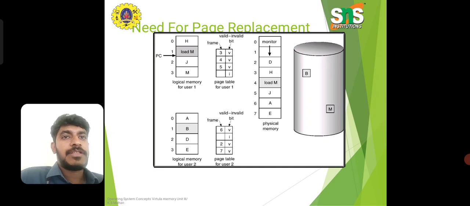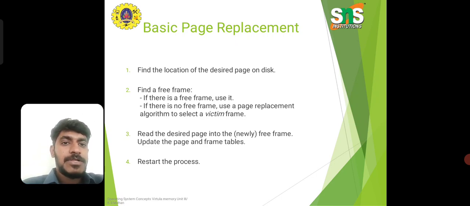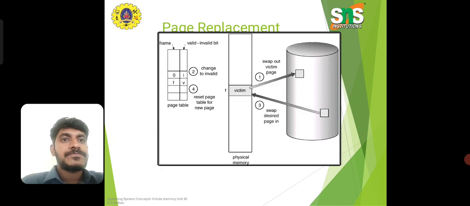These are the basic page replacement steps. Find the location of the desired page on disk. Find a free frame. Read the desired page into the newly freed frame. Update the page and frame tables. Then restart the process.